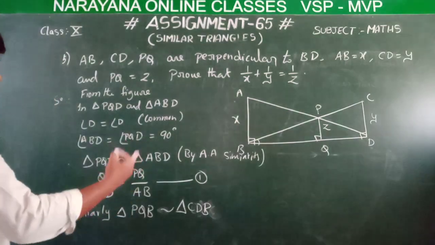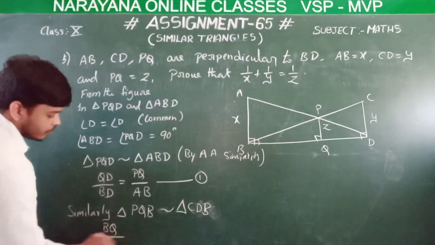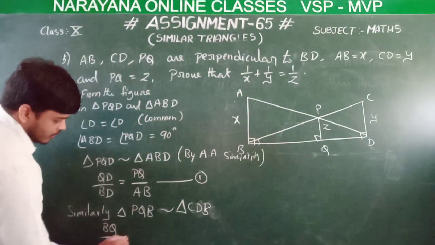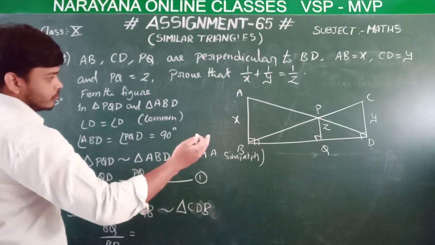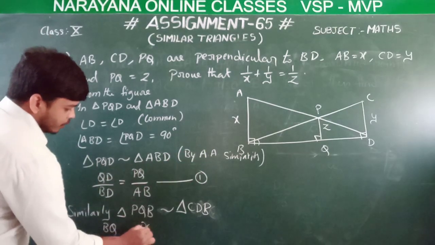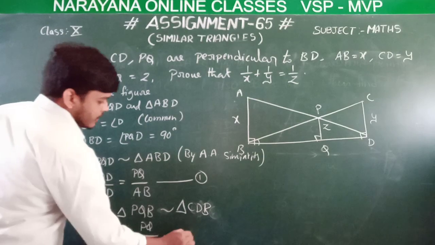Right. Here also we need to calculate BQ by BD is equal to PQ by CD. Right. This is the second one.